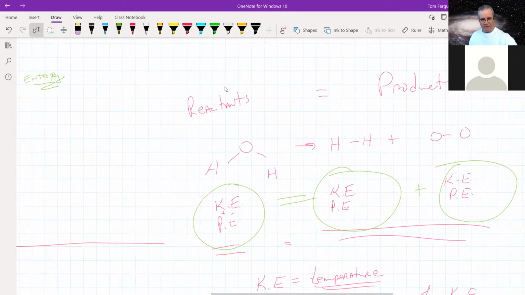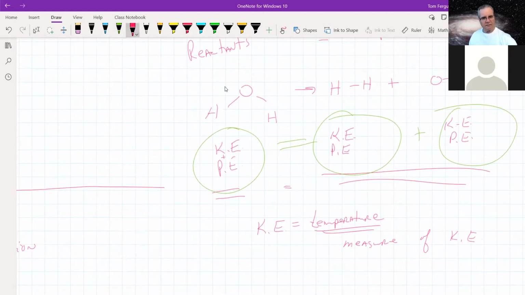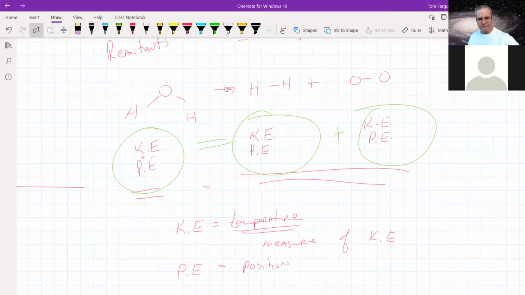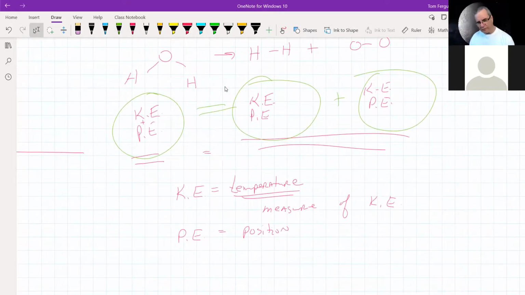And one thing I forgot to mention here. Potential energy is, they usually say, the energy of position. And it's position relative to a force field.